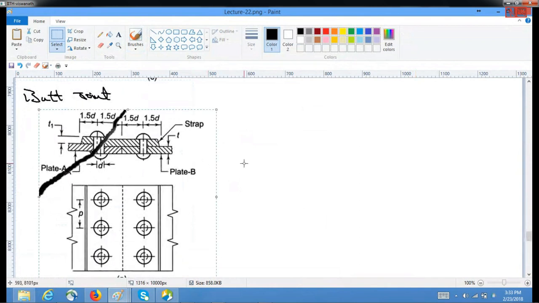So now you can see here, this is the first plate and this is the second plate.